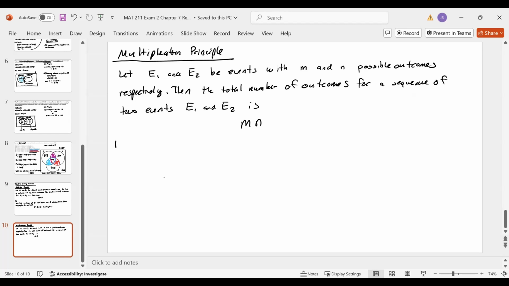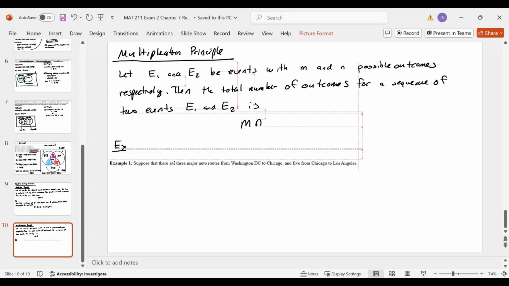So let's just do some examples. And again, sometimes there are so many fancy ways that you can do this, but also you want to sometimes just think about it in the simplest way, right? So I'm just going to grab a random example from the internet just to illustrate this right here.